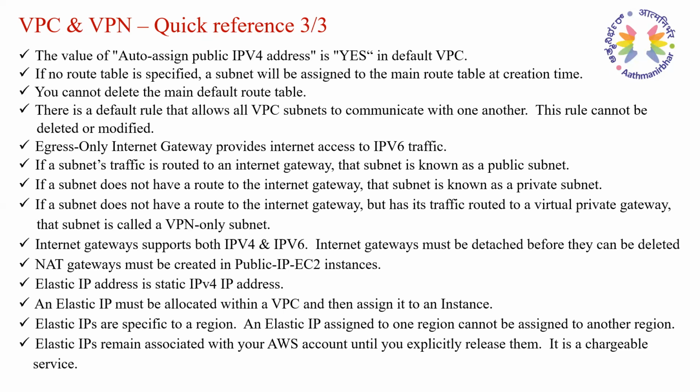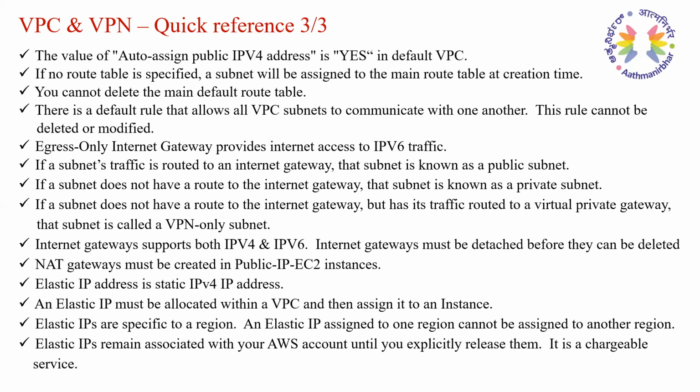An Elastic IP address is a static IPv4 address. An Elastic IP must be allocated within a specific region and then assigned to an instance. That's what we did in today's lab. Elastic IPs are specific to our region. An Elastic IP assigned to one region cannot be assigned to another region.